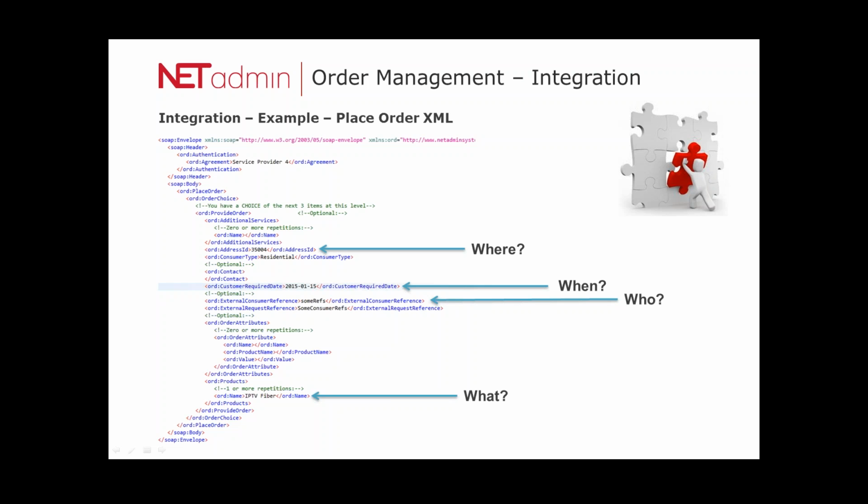Typically, it would be a reference to a customer in your CRM system or similar. And then, of course, very important, you need to include what you want to order in the order. And that's the products in the end, where in this case it's an order of an IPTV fiber product.